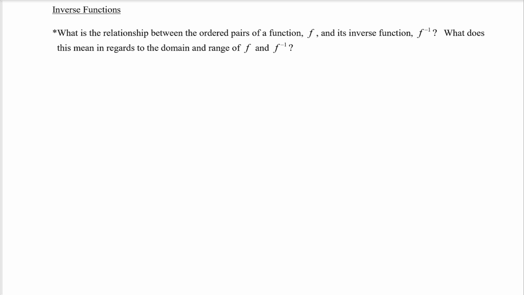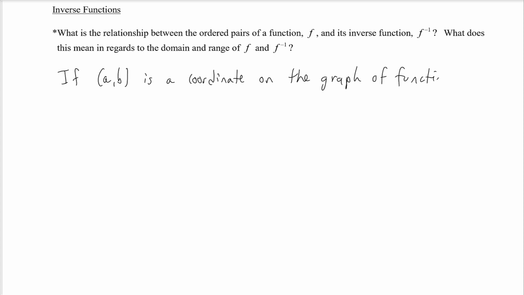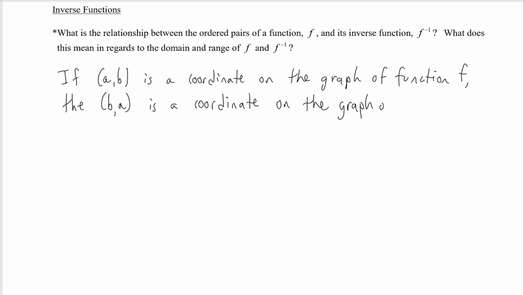Well, if (a, b) is a coordinate on the graph of function f, then as we just saw, (b, a) is a coordinate on the graph of its inverse.